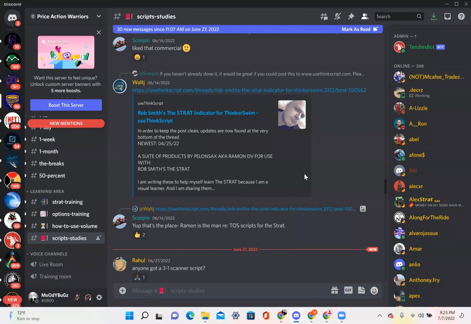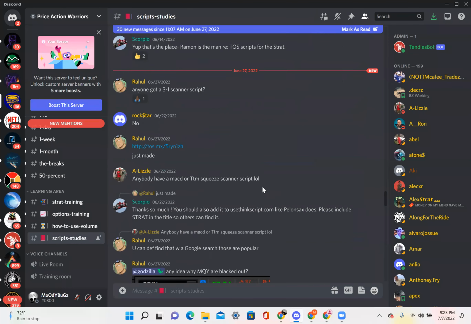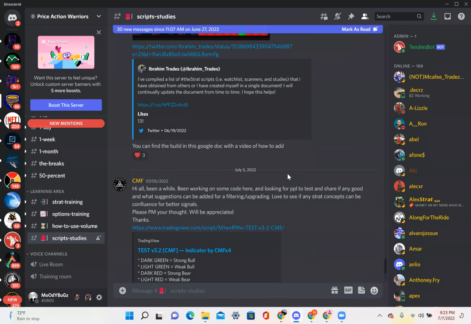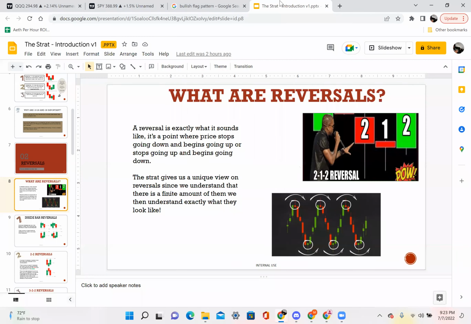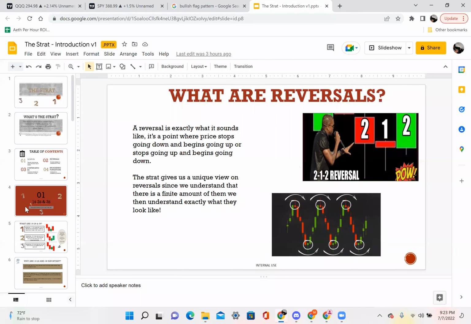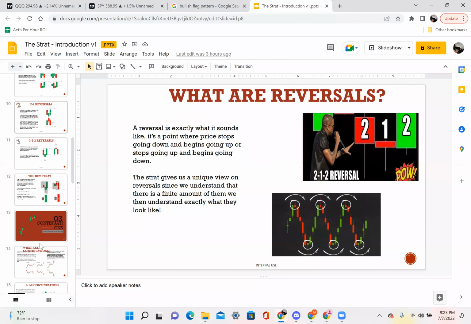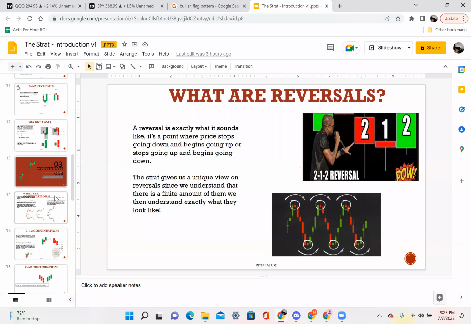And I'm not gonna lie, I just don't trade on Thinkorswim, but I'm pretty sure the scripts they have for the Strat are way better on TOS, because it's kind of like the Strat Assist, they populate. Look, this is one, oh dang, I closed it. It was the original form of Alex Options, this template that he created. It says something about TOS on here, and reversals. But yeah, on TOS you can scan for reversals.